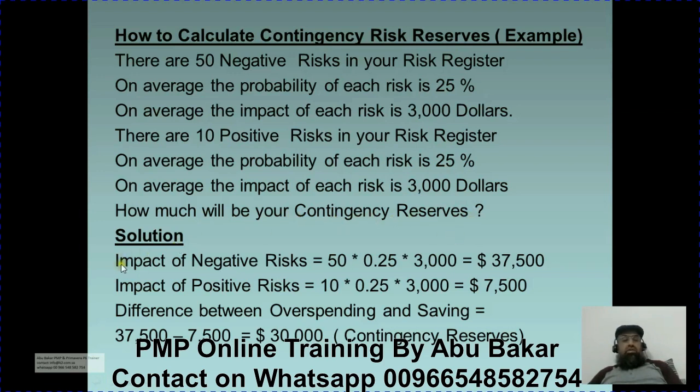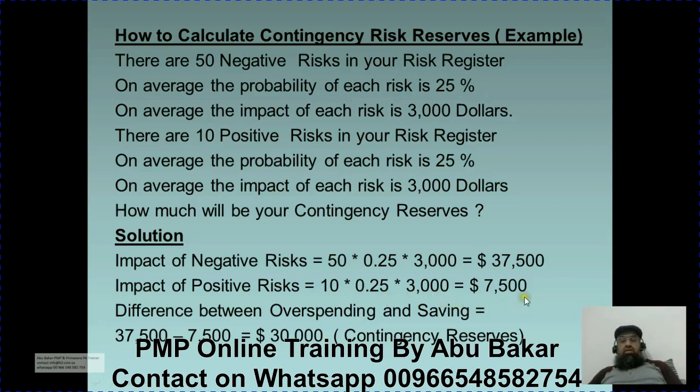So the calculation is, first we need to calculate the impact of negative risks, which is 50 into 0.25 probability into 3,000 impact. So it looks like this project will have an overspending of 37,500. On the same project we have some positive risks also: 10 positive risks into probability 0.25 into impact $3,000.